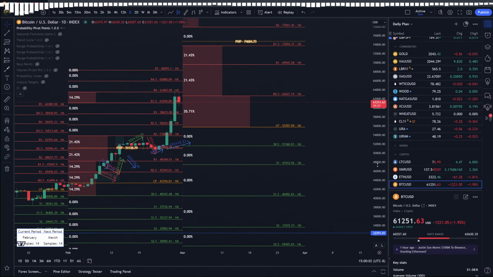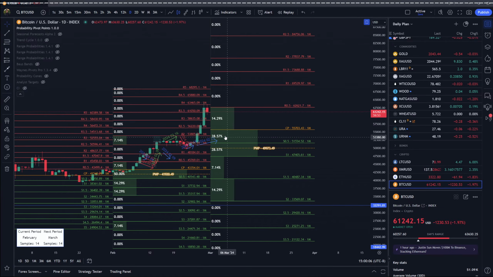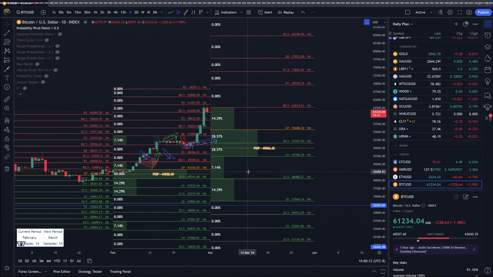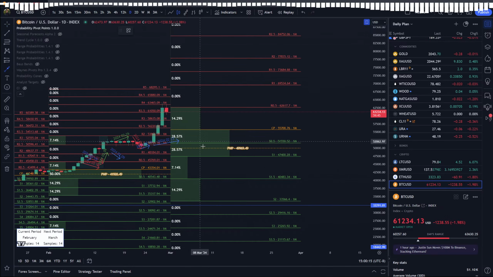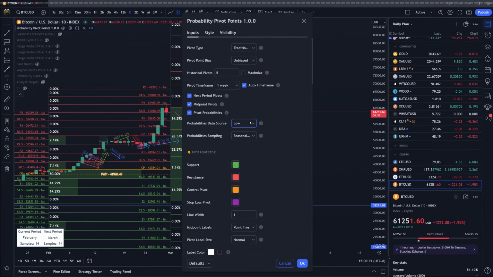How about lows? Yeah, well, close to 60% of the time, the low for the month is somewhere in this range here. So we can set that sort of expectation.